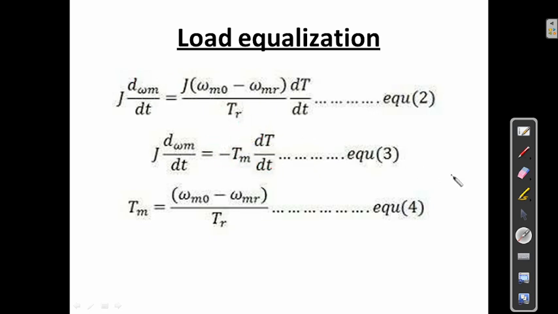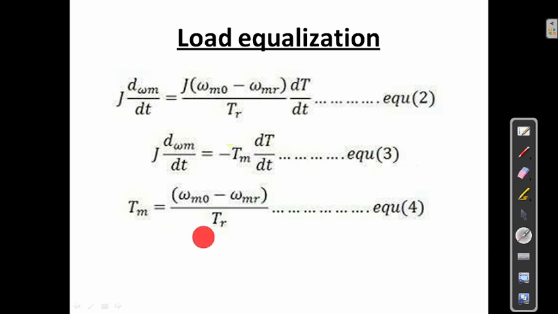Substituting this value into equations 3 and 2, the dT/dt cancels and Tm remains, giving the final equation from equations 2 and 3.